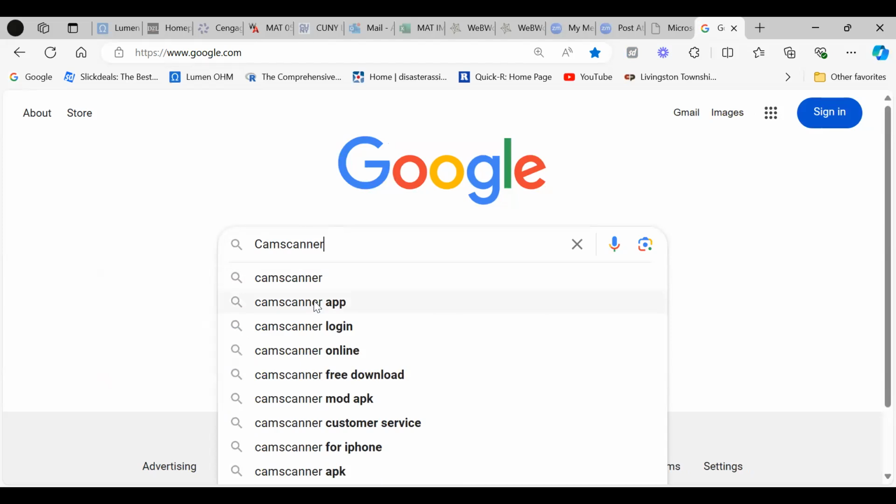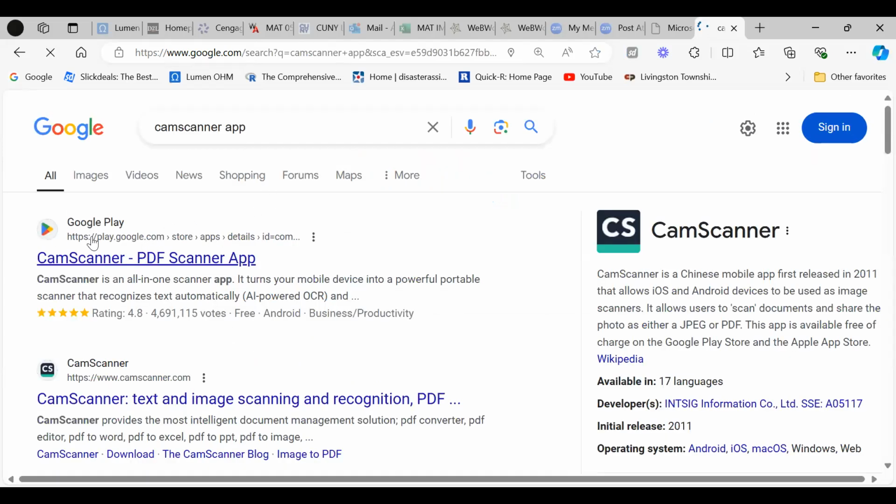This is the app, the Cam Scanner app. It's in Google Play, also in the Apple App Store. Download this. It's an app you use to take pictures of all your work, and then you'll be able to convert it to a PDF file by using this app.